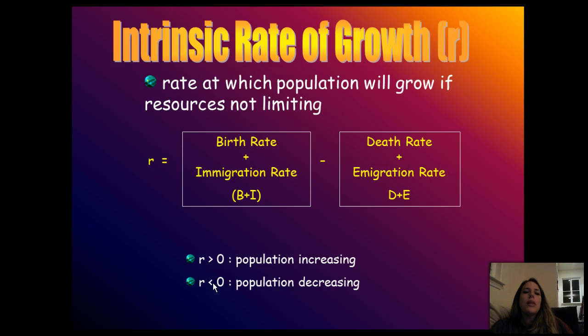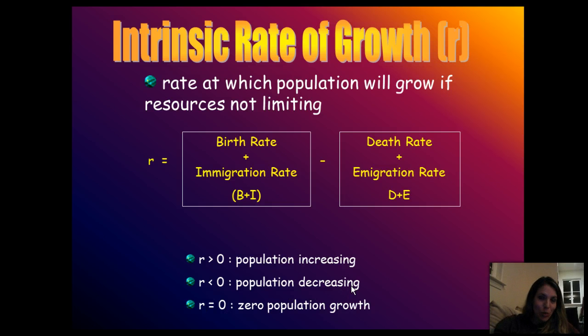Your r value will be less than 0. It'll be negative, in which case your population is decreasing. What if this part of the equation is equal to that part? Then this minus that is 0. If r equals 0, then your population is stable. It's neither increasing nor decreasing. It is staying the same, and we call that zero population growth.